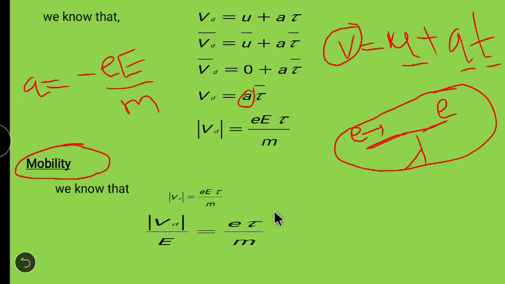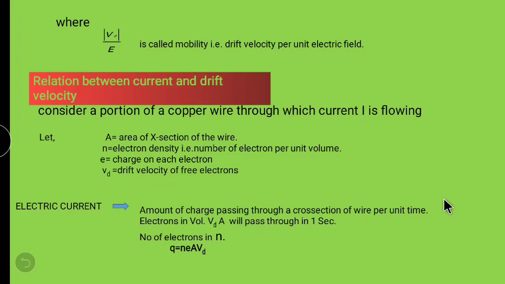This is the mobility. So Vd upon E is equal to e tau upon m. This is the mobility, e tau upon m, where Vd upon E is called mobility, that is drift velocity per unit electric field. Now students, let us establish a relation between current and drift velocity.